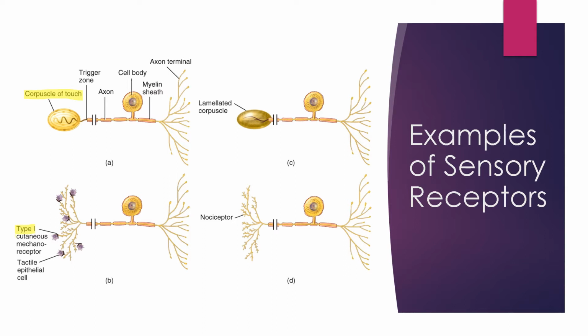Then we have type 1 cutaneous mechanoreceptors. This is a touch receptor that consists of these free nerve endings, which essentially are bare dendrites, and they make contact with tactile epithelial cells of the stratum basale in the skin. So these are just free nerve endings.